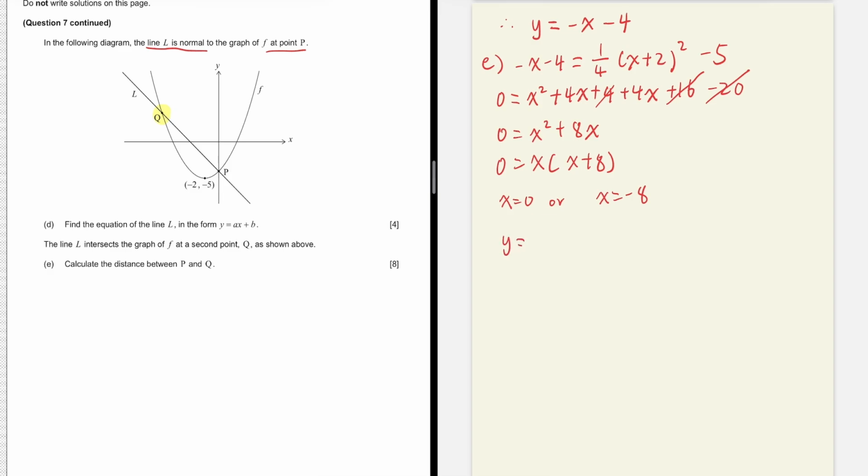So y equals negative x minus 4. And that is 8 minus 4, and we get 4. So therefore, we have our 2 points, (0, -4) and Q, which is (-8, 4).